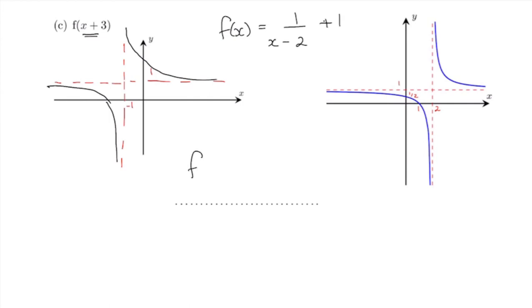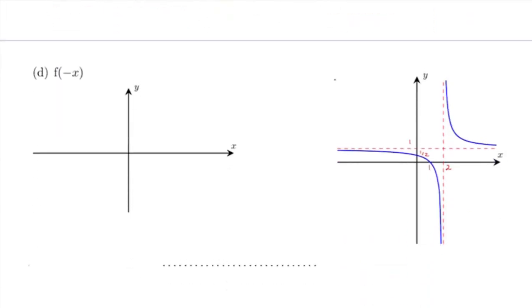So the new graph, f of x plus 3, equals 1 over x plus 3 minus 2 plus 1. Therefore, y equals 1 over x plus 1 plus 1. And using that, you could work out that this graph actually crosses here at 2 and here at 2.